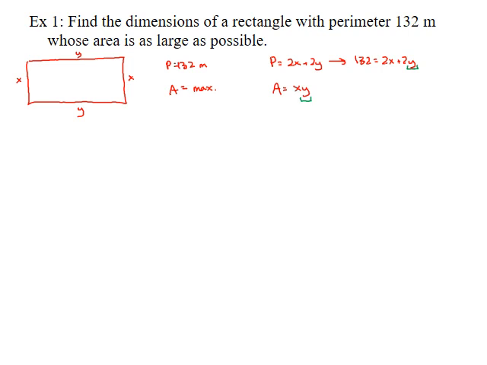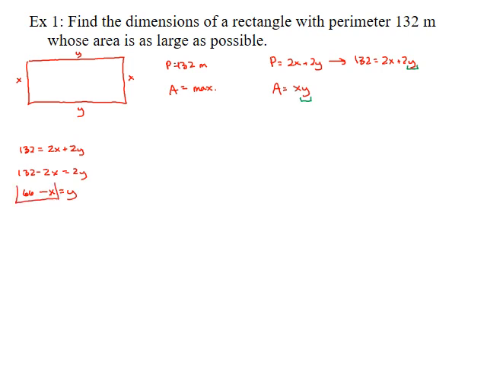So let's come down here below. Since we know 132 has to equal 2x plus 2y, get that y by itself. Subtract the 2x over: 132 minus 2x equals 2y. And then if you divide everything by 2, you should get 66 minus x is y.